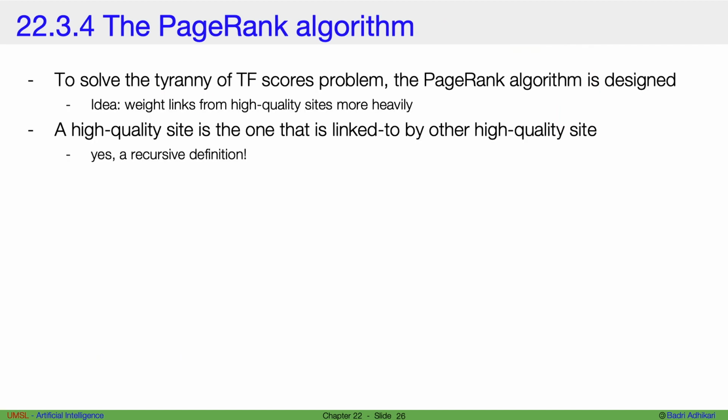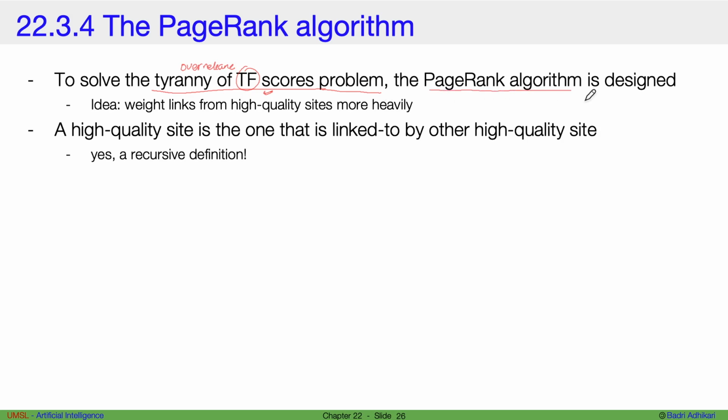Basically, what we would like to do is solve this problem of tyranny of scores, that is, this over-reliance on term frequency scores. And the PageRank algorithm is designed to solve this problem.